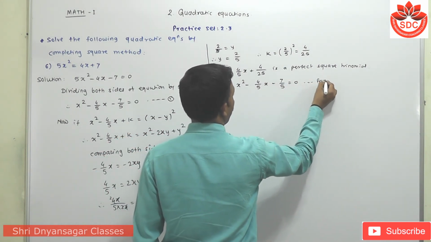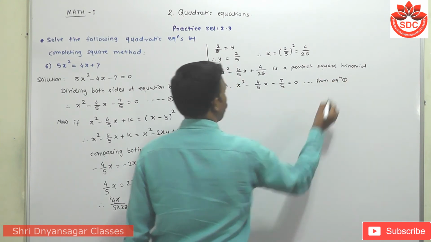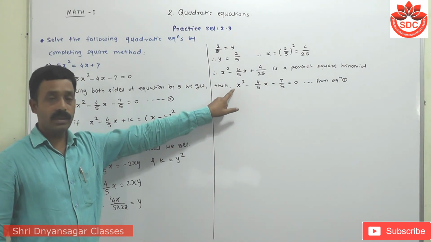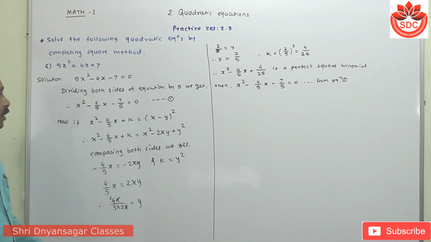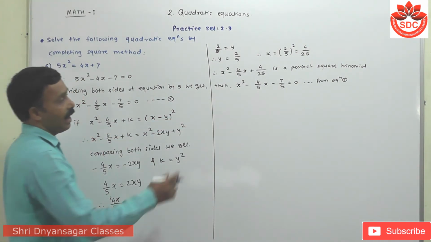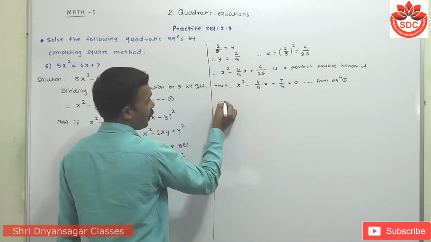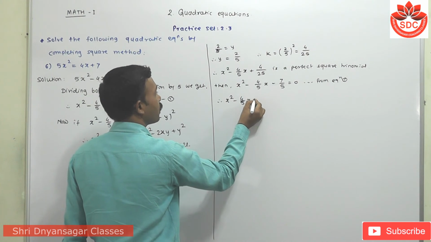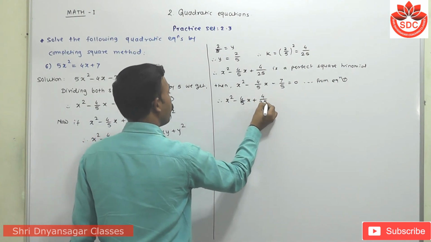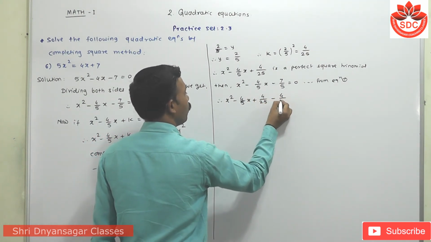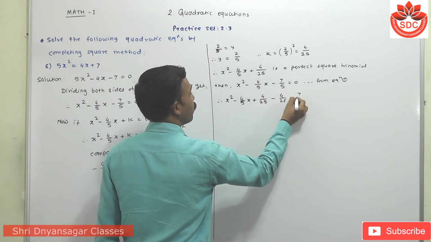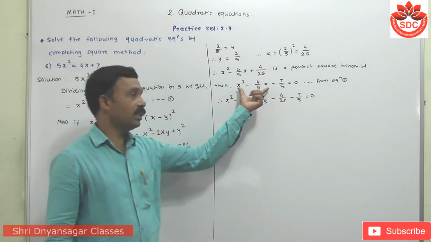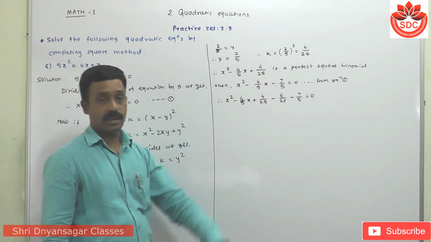Student, look here, take the equation which has the coefficient 1. Minus 7 upon 5 is equal to 0. There is no change in this equation because this gets cancelled.